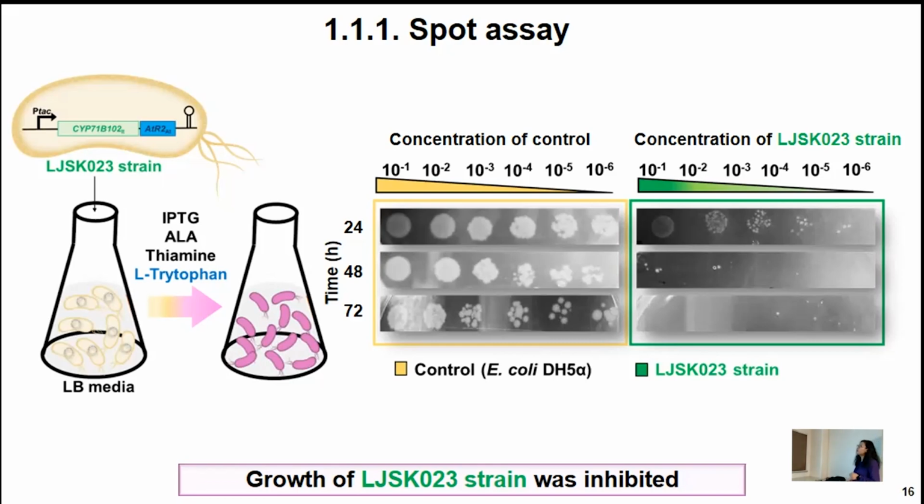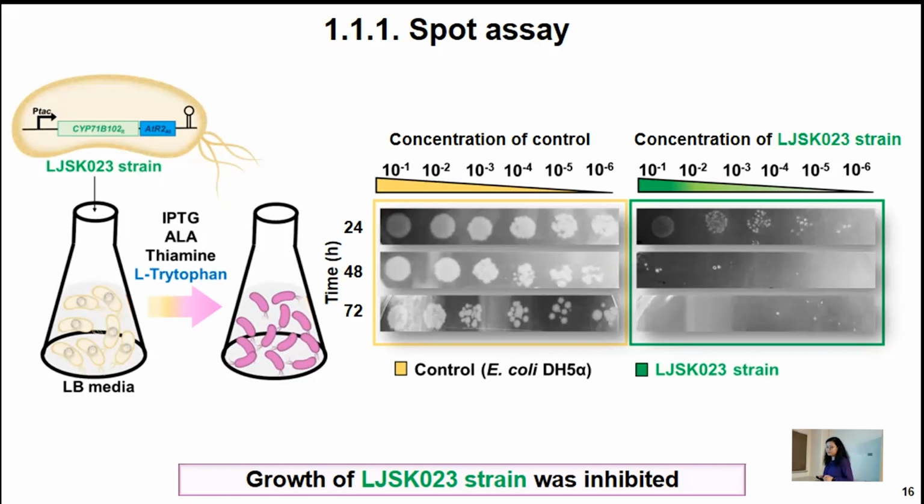Here you can see for the engineered strain, the strains were only able to grow up to 24 hours at different concentration compared to the control. Control meaning the E. coli cell that's not transformed or not engineered. What we found, it's able to grow at different time points, even from 24 to 72 hours at different concentration.